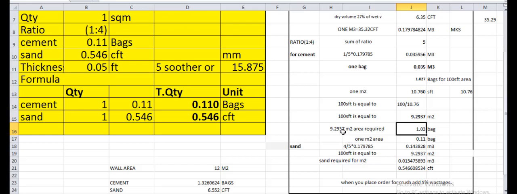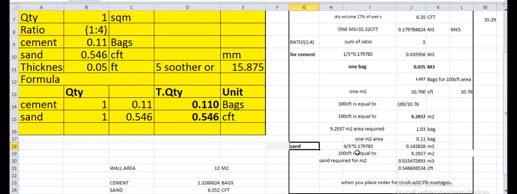So the cement quantity is 1.027 bags for 100 SFT, which is 9.2937 square meters. For 1 square meter, it is 0.11 bags.